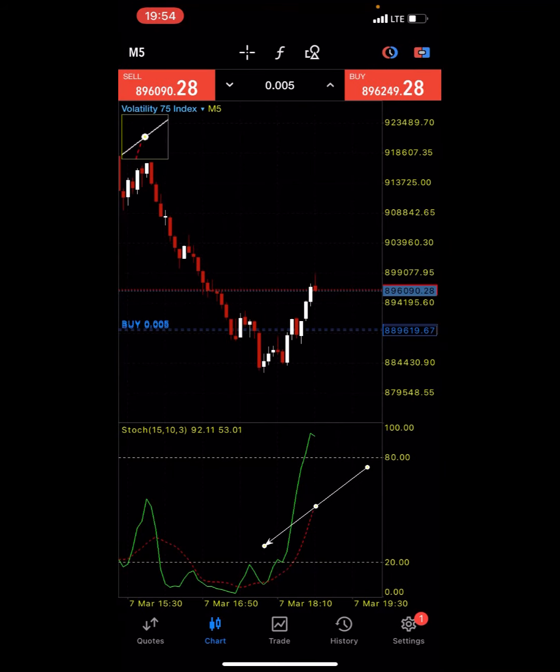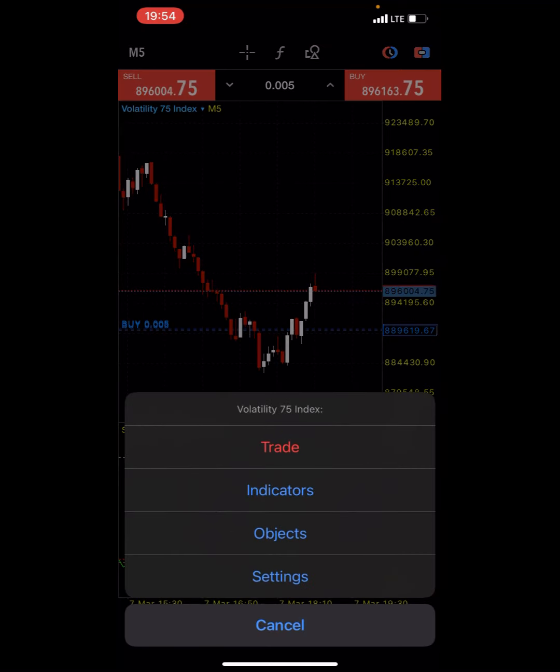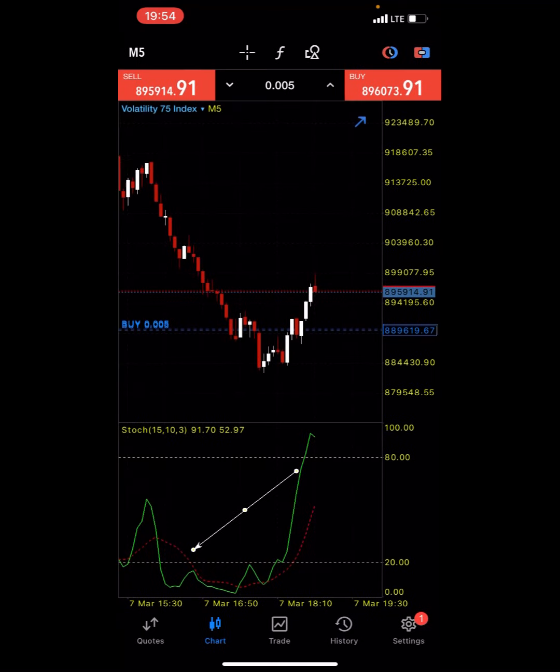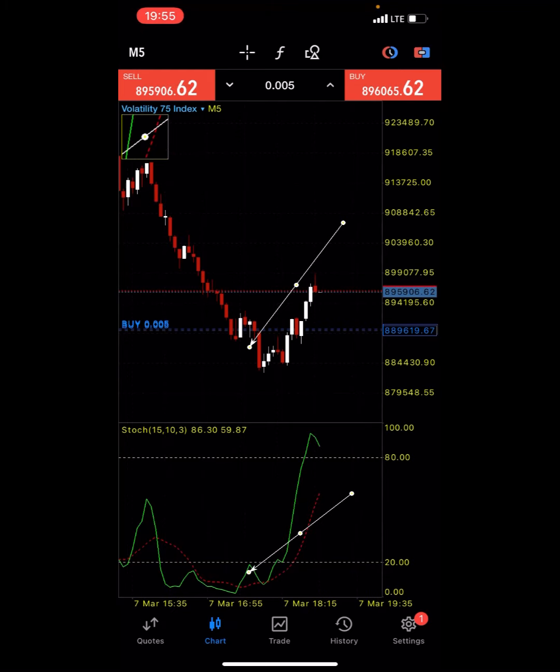As you can see clearly, the reason why I took this trade is because I had price at oversold. I monitored the movement and saw how it was consolidating for a little while inside the oversold zone, then I waited a little while.